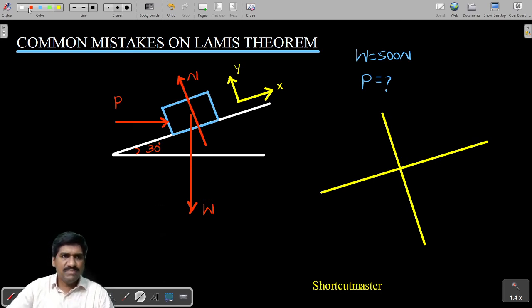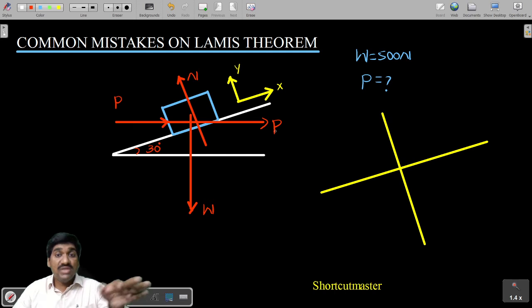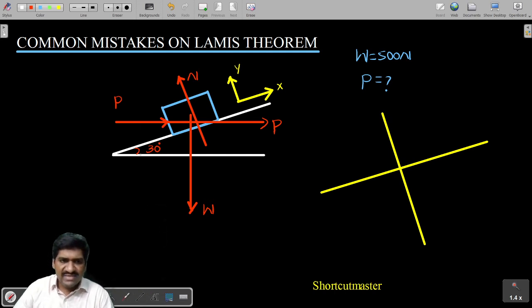Very simple, we can do one thing: just transmit this force P into the body. Now this becomes the force P. After transmitting by using the law of transmissibility, this angle 30 we can place here also. The same angle 30 we can place here.